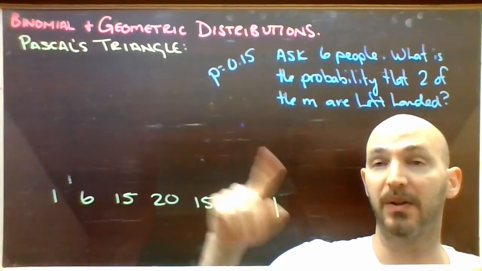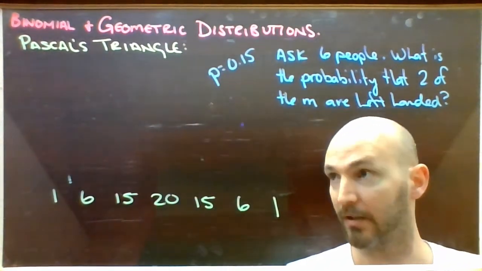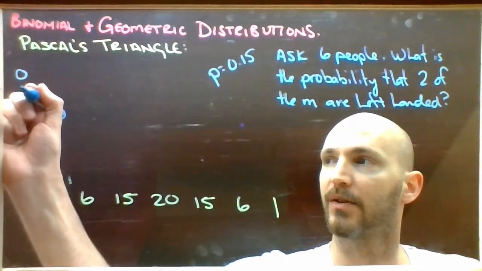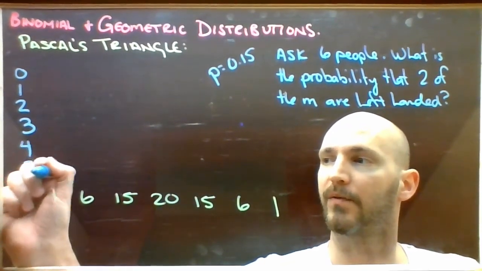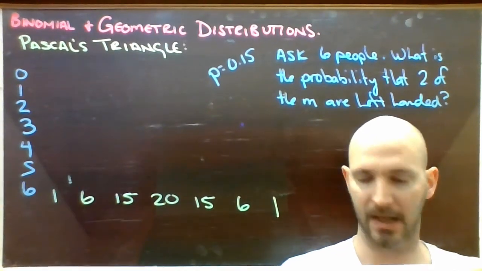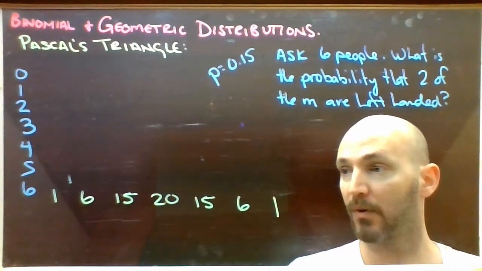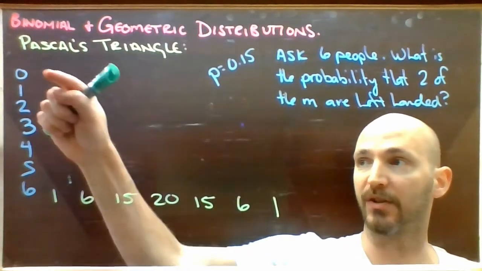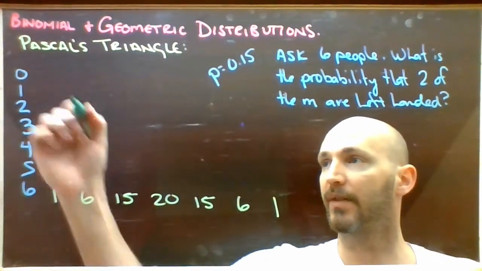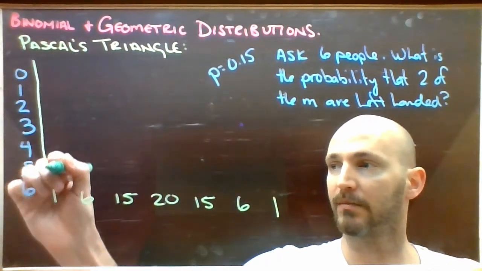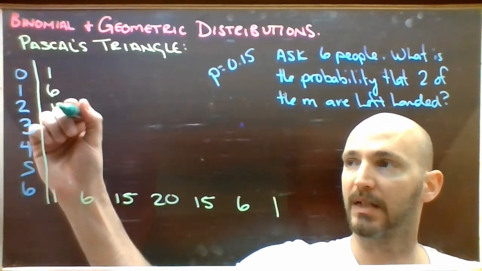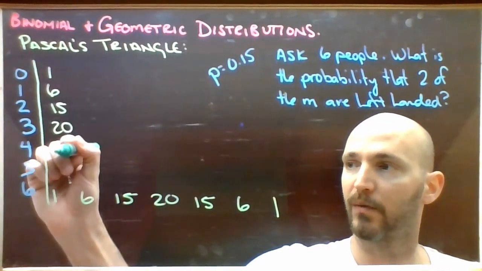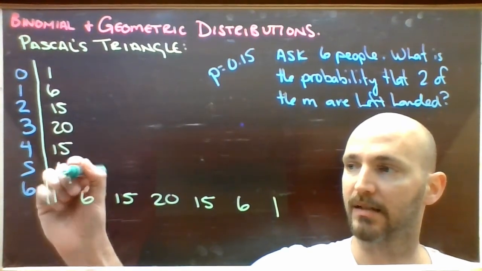Just quickly building the chart for this distribution, no left-handers, 1 left-hander, 2, 3, 4, 5, or all 6 are left-handed. I'm going to need to map these coefficients into the beginning of each of these categories. So 1, 6, 15, 20, 15, 6, 1.